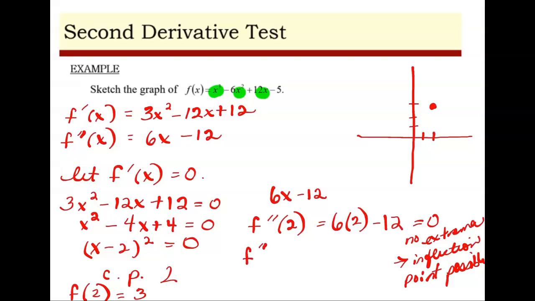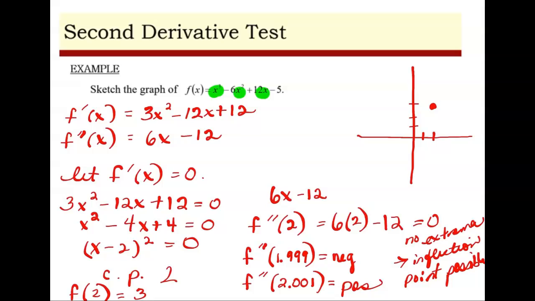And so to determine, we're going to look to the left and right of 2. We're going to look at what our function is doing in terms of concavity immediately to the left of 2. So, maybe we want to take into account 1.999. So we're just to the left of 2, and we find that when we evaluate that, we get a negative value.